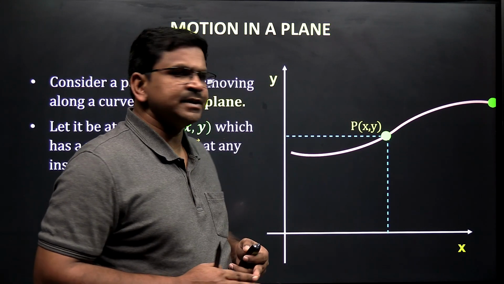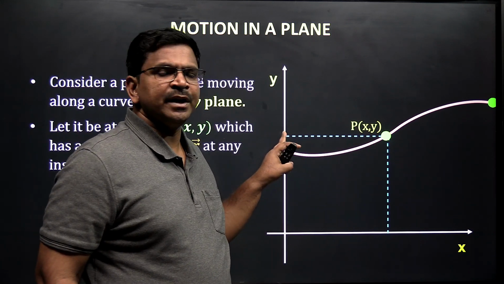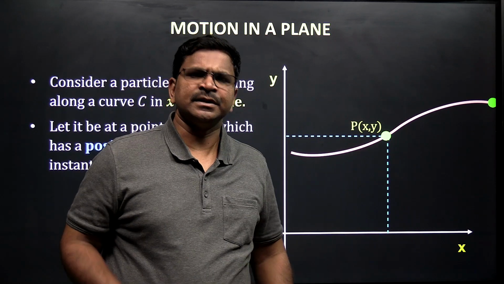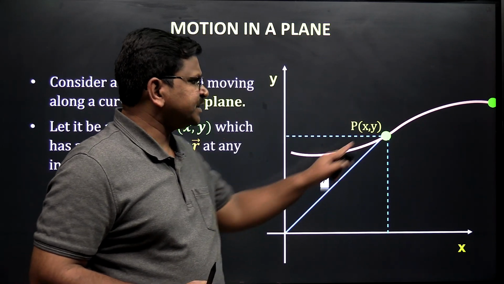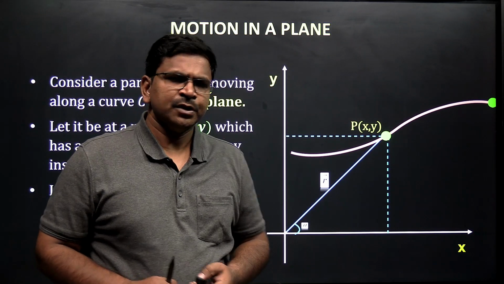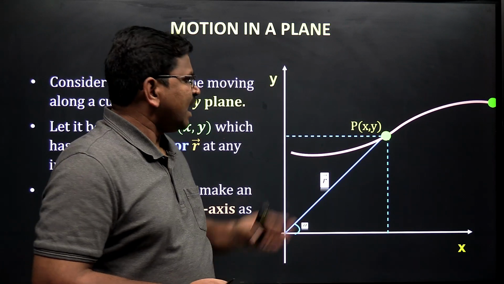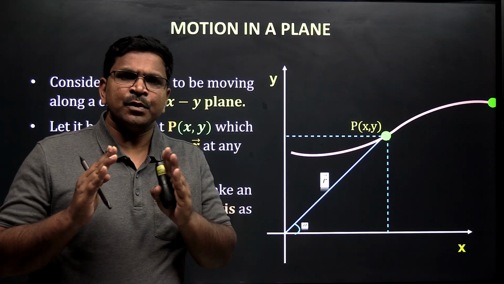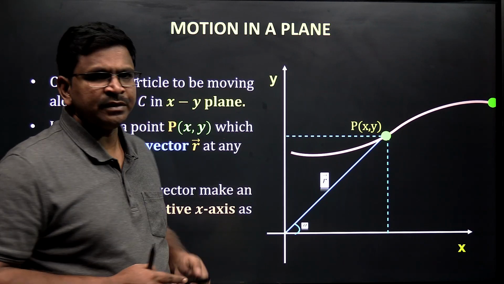From coordinate geometry, this object is at an x distance from the y-axis and a y perpendicular distance from the x-axis. That is simple coordinates. Coming to the polar form, it is at a distance r from the origin and in the theta direction from the x-axis. This magnitude and direction constitute a vector representing the position of the particle, so I can call this the position vector.